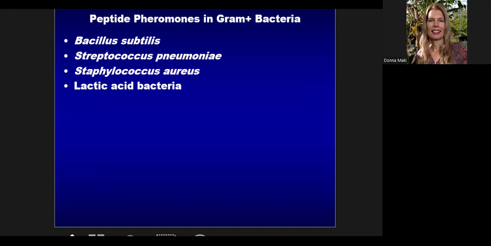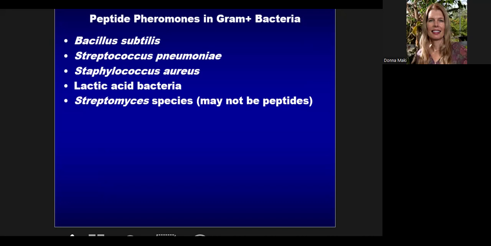They were very interested in this because if you make yogurt or anything like that with lactic acid bacteria, being able to understand how to optimize their growth is a good idea. And then the Streptomyces species were also being studied. They're kind of an odd duck because they don't seem to make peptide pheromones, even though they're gram-positive.